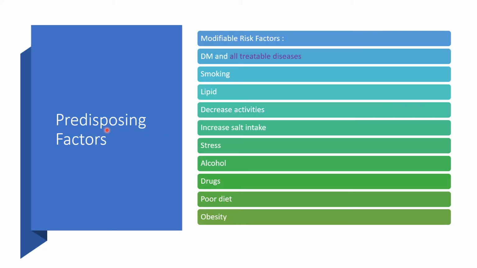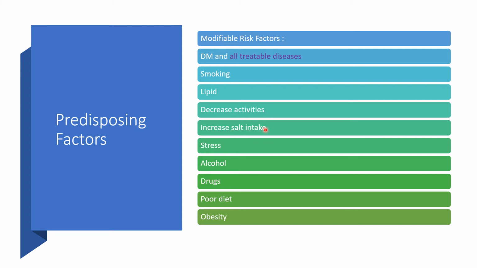Now, predisposing factors could be modifiable risk factors or non-modifiable. The modifiable ones mean you can handle that, you can adjust it, you can treat them, you can bring them under control, like diabetes mellitus and all treatable diseases that can lead to hypertension. Smoking, you may choose to stop it. Lipids could be treated with your statins. Individuals with decreased activity can choose to increase activity now.